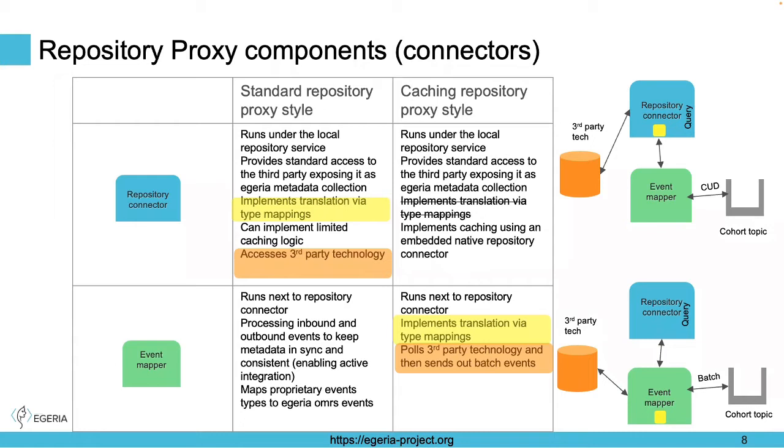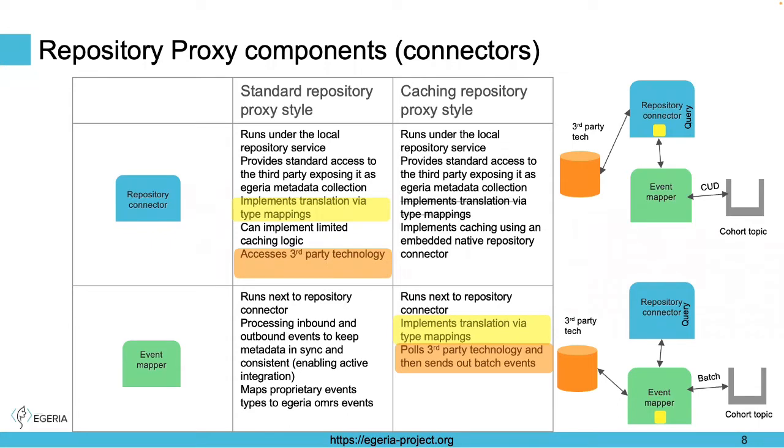It always runs as a local repository, attempting to represent the third-party repository as a local repository available to the others, and provides the standard metadata collection exposure, as I mentioned before.